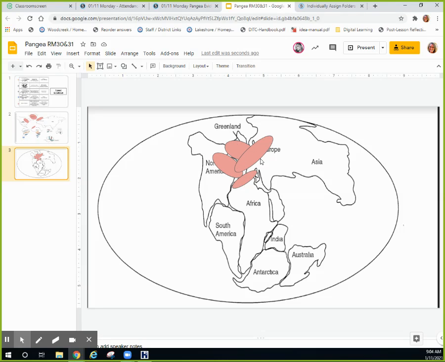And because of that evidence, they were able to piece these continents, North America, Greenland, which is not a continent, but Greenland, Europe, and Africa, together like a puzzle based off of that rock evidence.